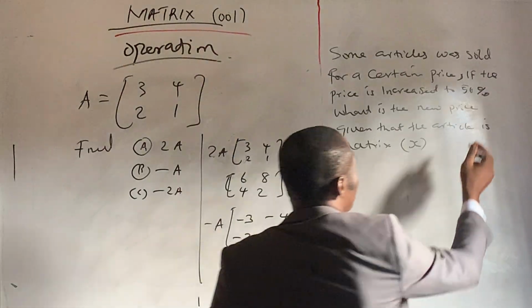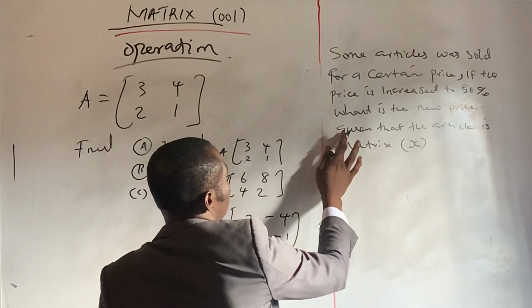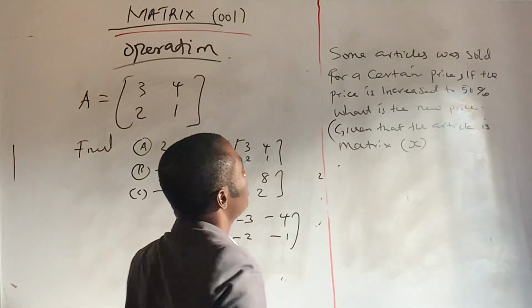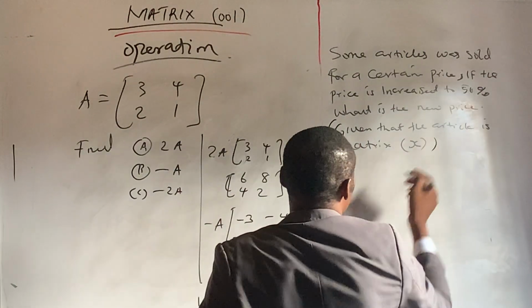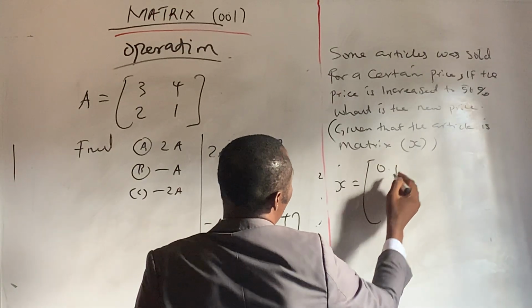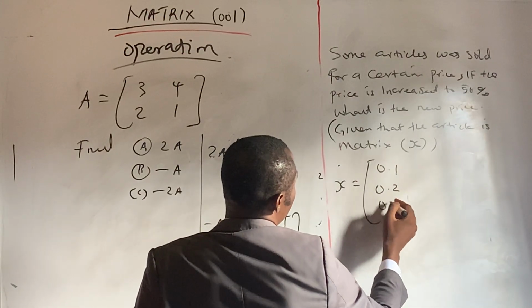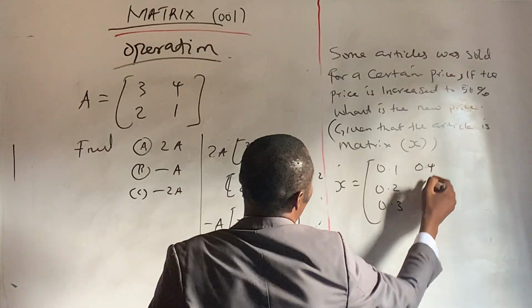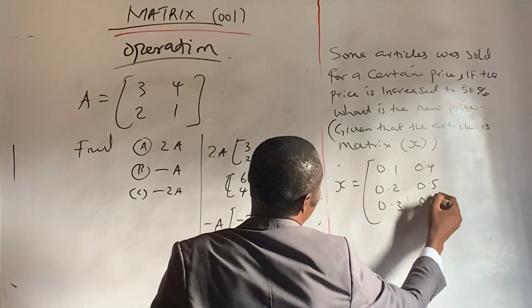Given that the article is matrix X, and matrix X is equal to 0.1, 0.2, 0.3, 0.4, 0.5, 0.6.